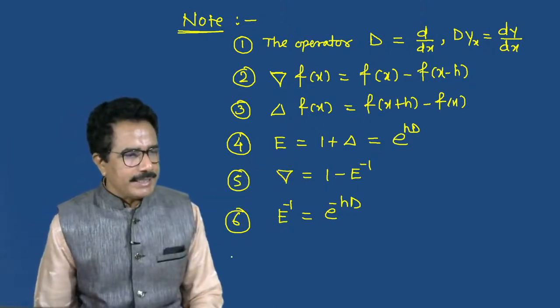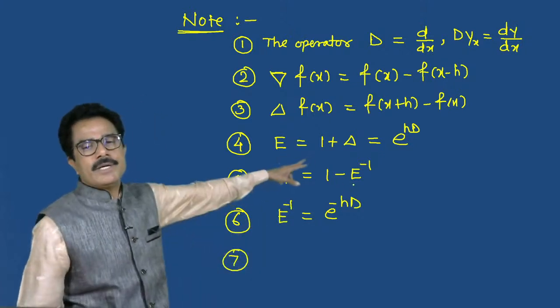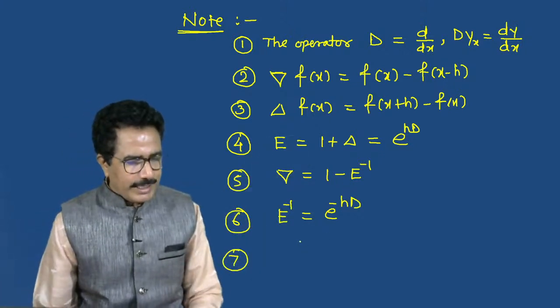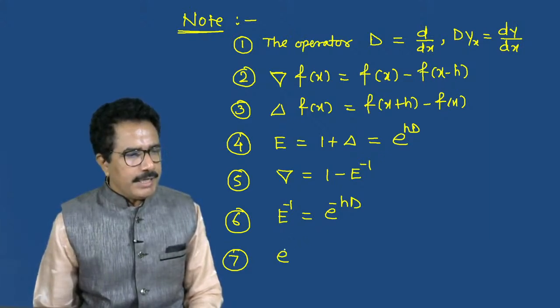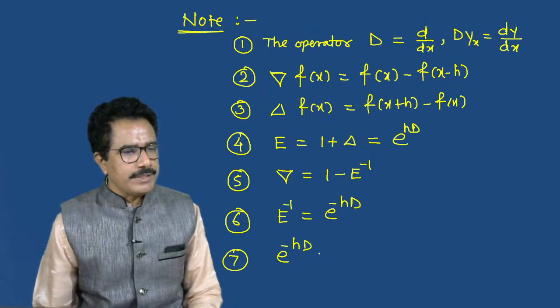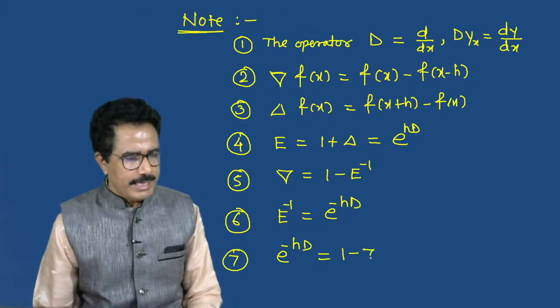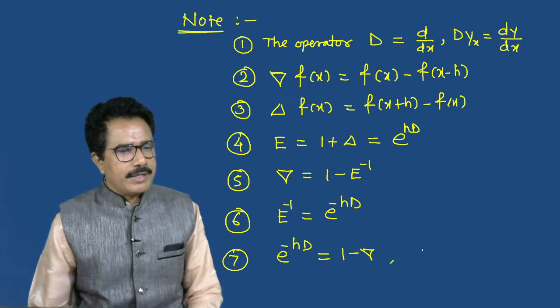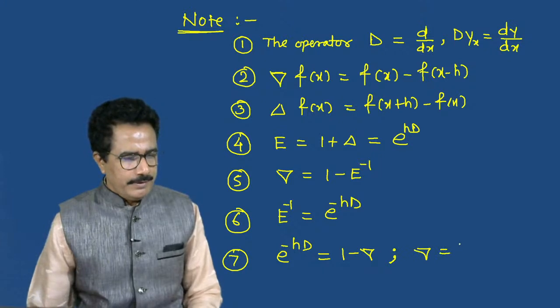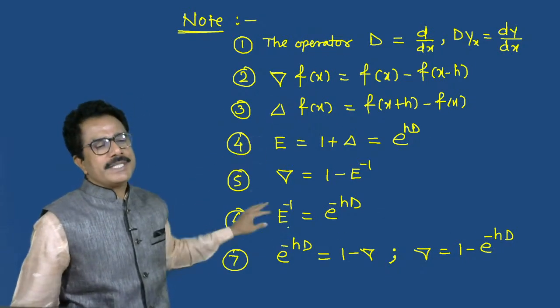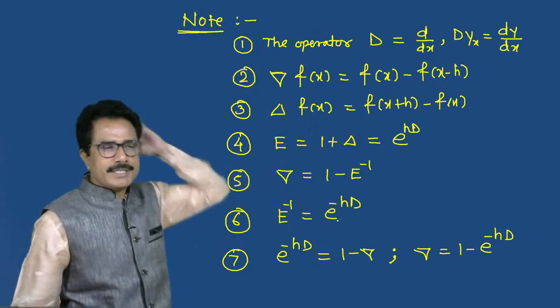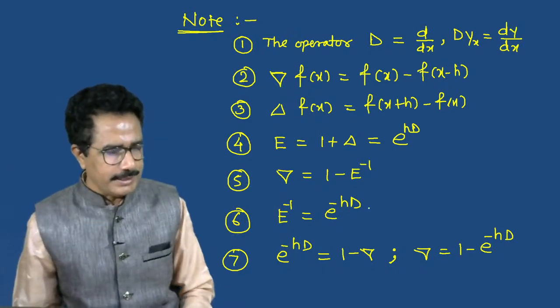So we can write e raised to minus hD is equal to 1 minus del, or del is equal to 1 minus e raised to minus hD. It is the same: E is equal to e raised to hD, then E inverse is equal to e raised to minus hD. This is the same operator, no problem.